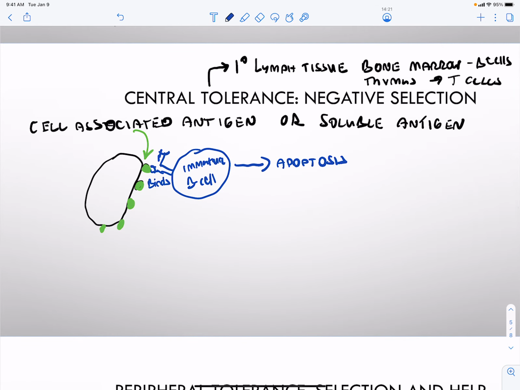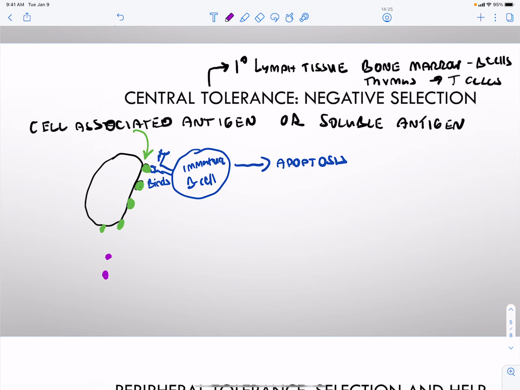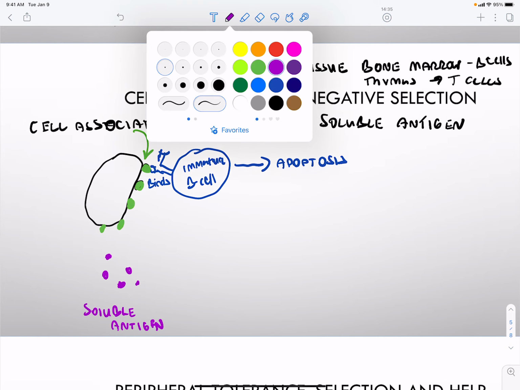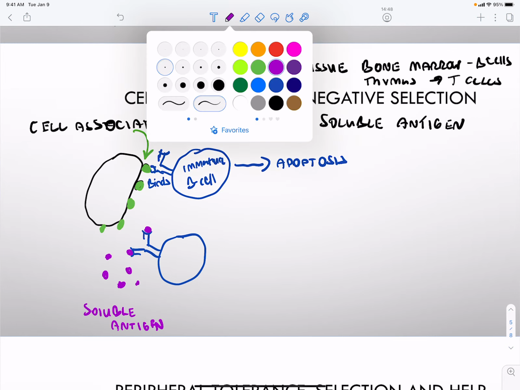Now, if a B cell sees soluble antigen, so these will be purple circles, this time your immature B cell is binding into its B cell receptor these soluble antigens, not cell-associated.